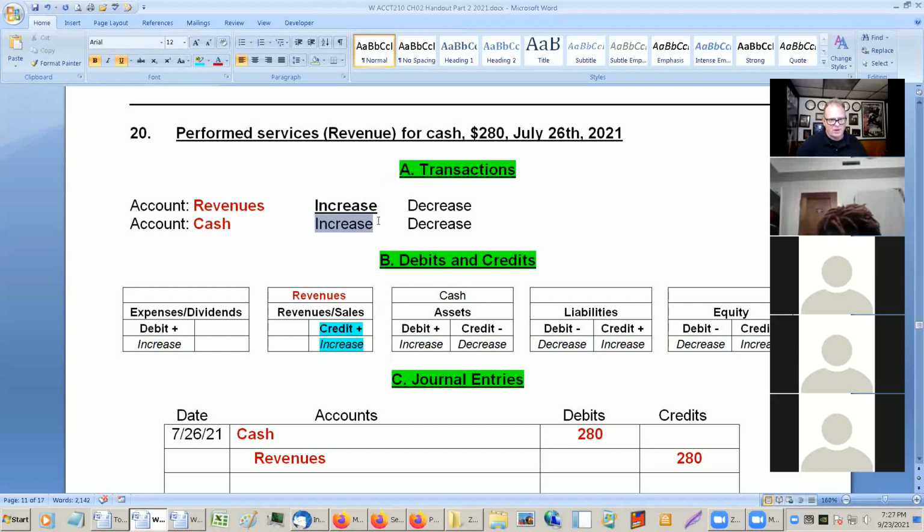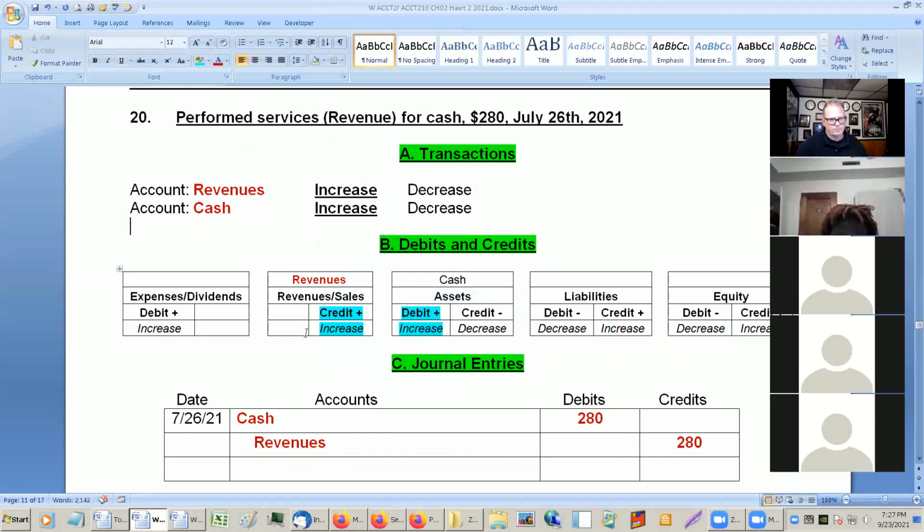So the cash is also increasing. But you're gonna notice, whenever you see revenue, it's the credit, whatever's on the other side is the debit. That's it.